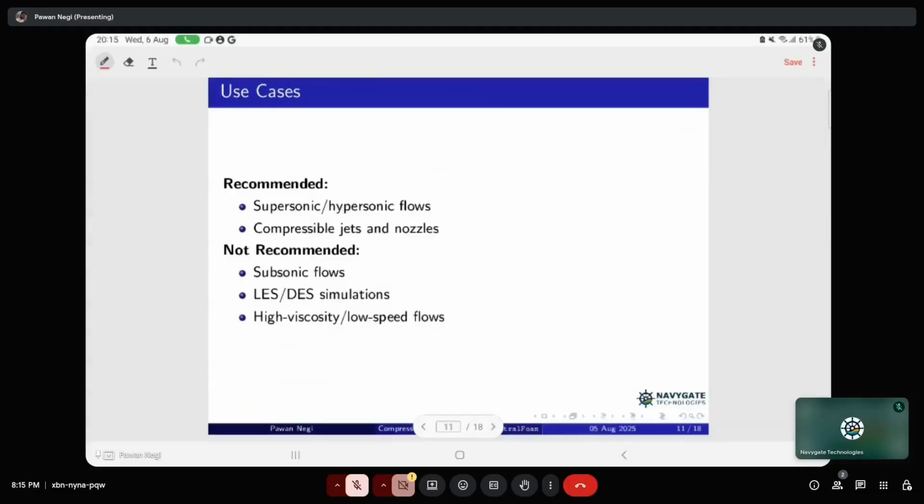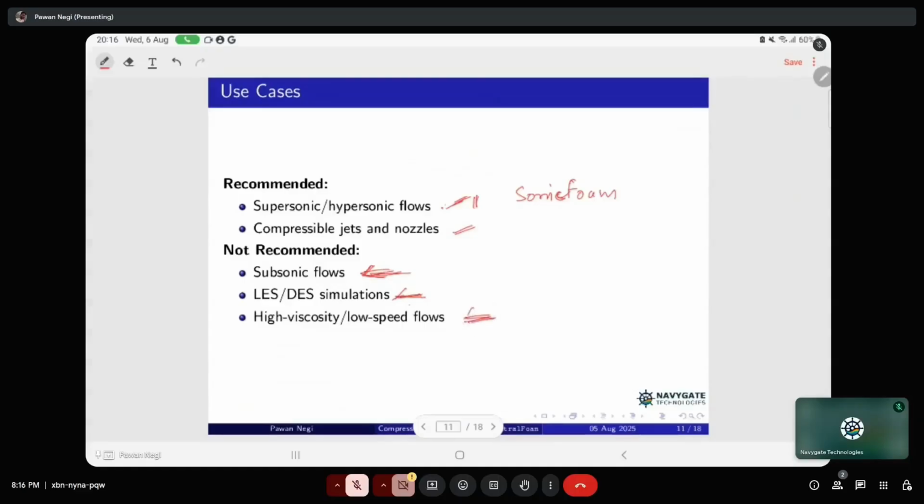This particular solver is recommended for supersonic or hypersonic flows, but for supersonic or hypersonic flows, you also have sonicFoam, another solver that is present in OpenFOAM, and you can use this for compressible jets and nozzles. And this particular solver is not recommended for subsonic flows. As said before, you cannot have LES or DES kind of simulations using this particular solver.